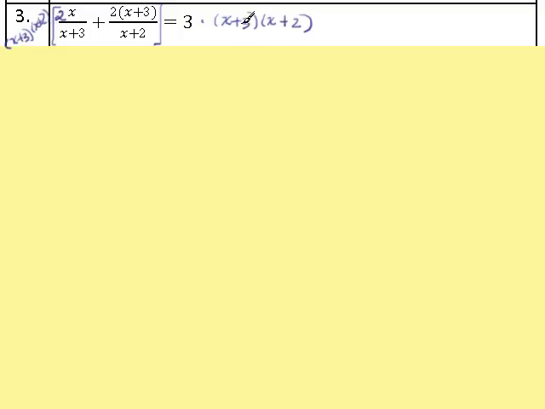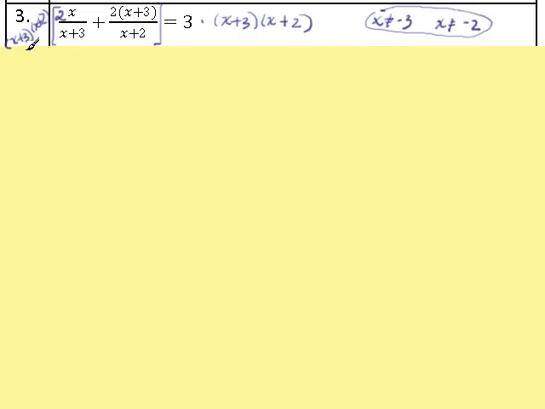Okay, and let's mention at this point that x cannot be equal to minus 3, because that makes this denominator 0, and x cannot be equal to minus 2, because that makes this denominator 0. So let's just mark that down and keep it in mind for later.